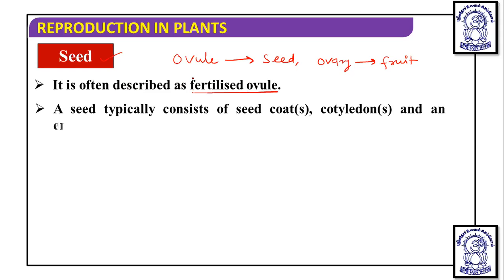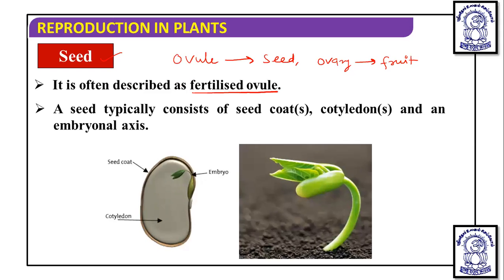If we see a typical seed, you will find a seed coat, cotyledon and an embryonal axis. Dear student, we have already studied this part in the previous lecture as well. Here you can see the seed coat, cotyledons and embryonal axis.